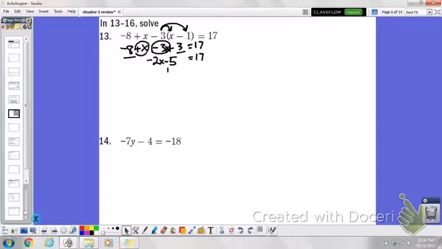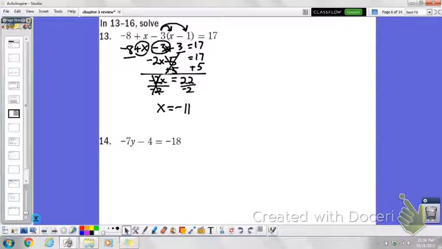Now to solve this, I will first need to add 5 to both sides. 5's on the left cancel out. And I have negative 2x equal to 22. Divide both sides by negative 2. And I get a final answer of x is equal to negative 11.